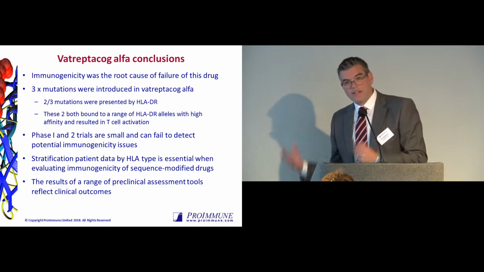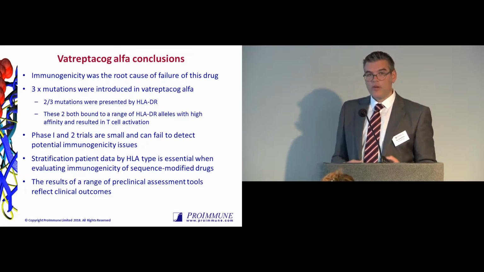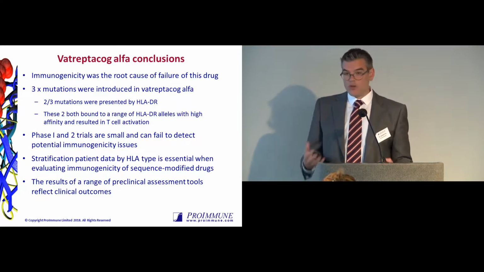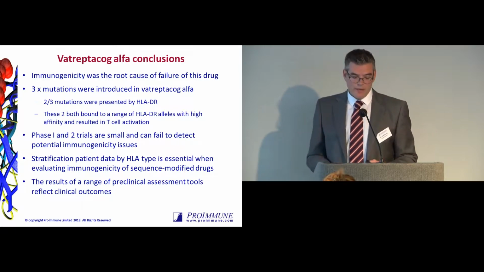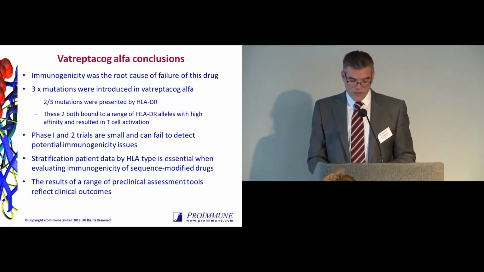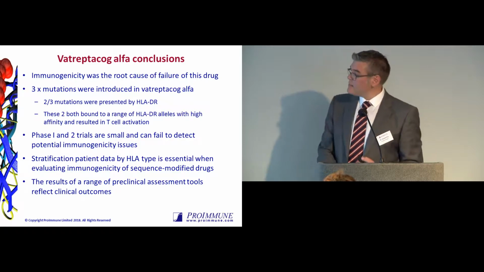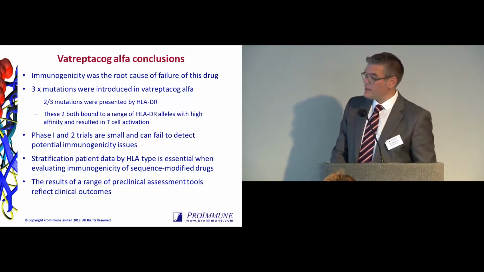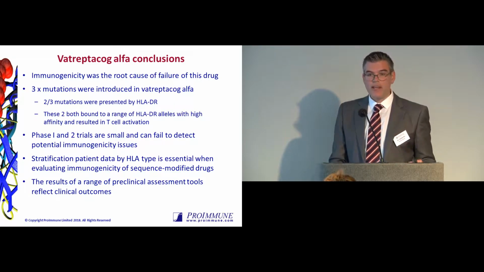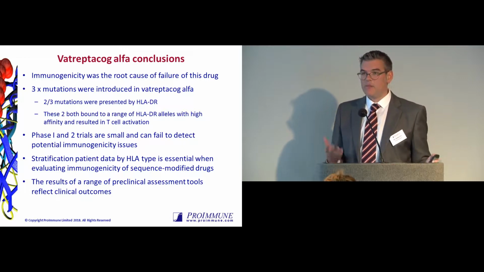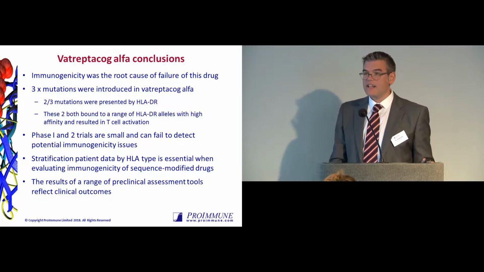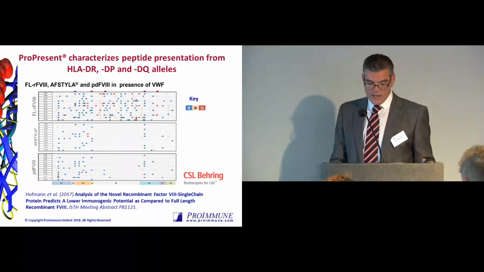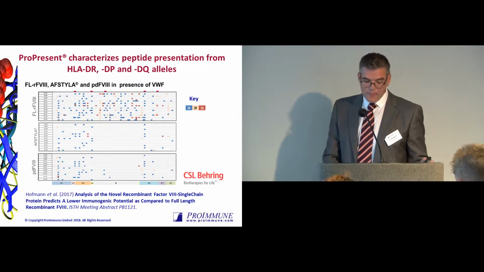So actually, if they'd done this kind of analysis in advance, although there wouldn't have been an assurance that that was a problem, at least it would have been flagged up as something to drill into in more detail. So it is important to understand that these kinds of preclinical assessments, although they can't prove what's going to happen in the clinic, that's why we do clinical trials, can certainly alert us to any specific challenges that might come out.